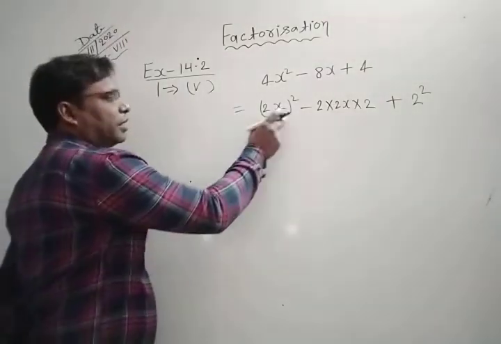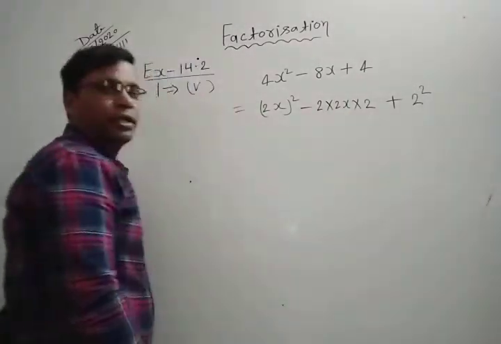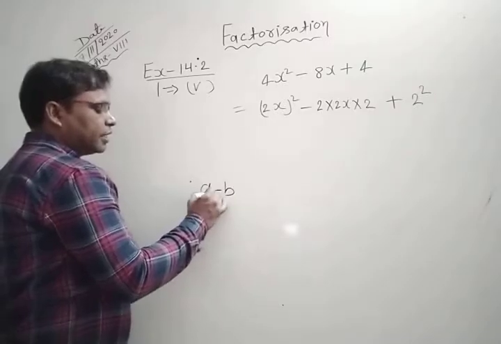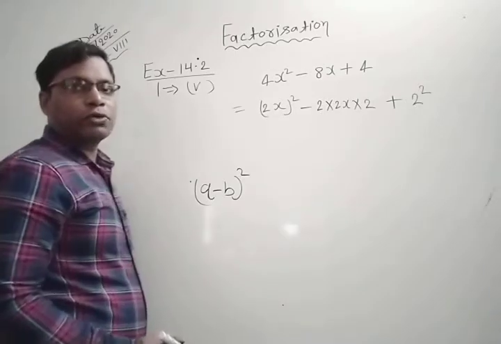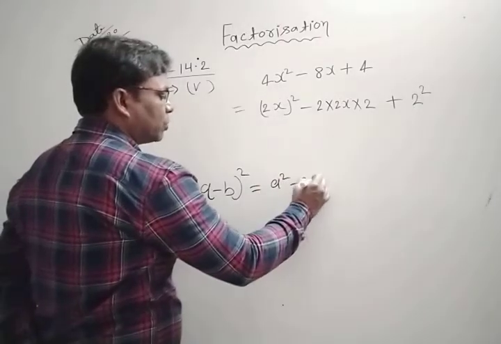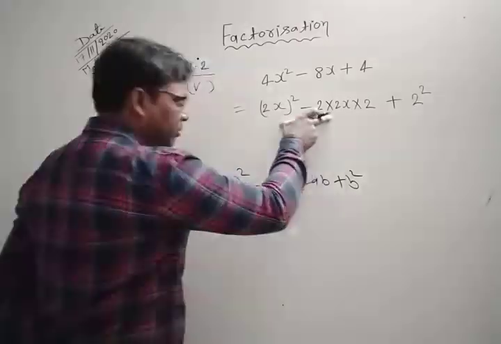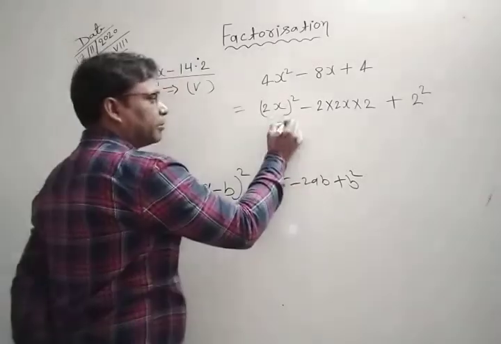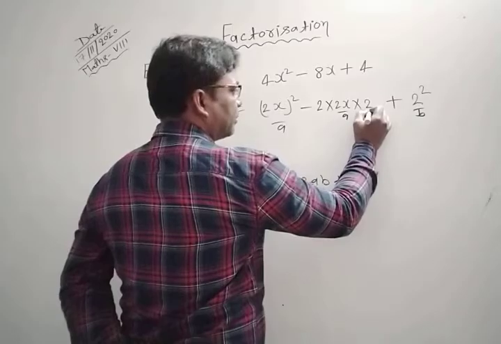So a square plus b square minus 2ab. So you know the second identity. What is the second identity? Second identity is that whole square of a minus b is equal to what? Whole square of a minus b is equal to a square minus 2ab plus b square. So also you can see this form is like this, a square plus b square minus 2ab. It becomes a, it becomes b, again a, again b.